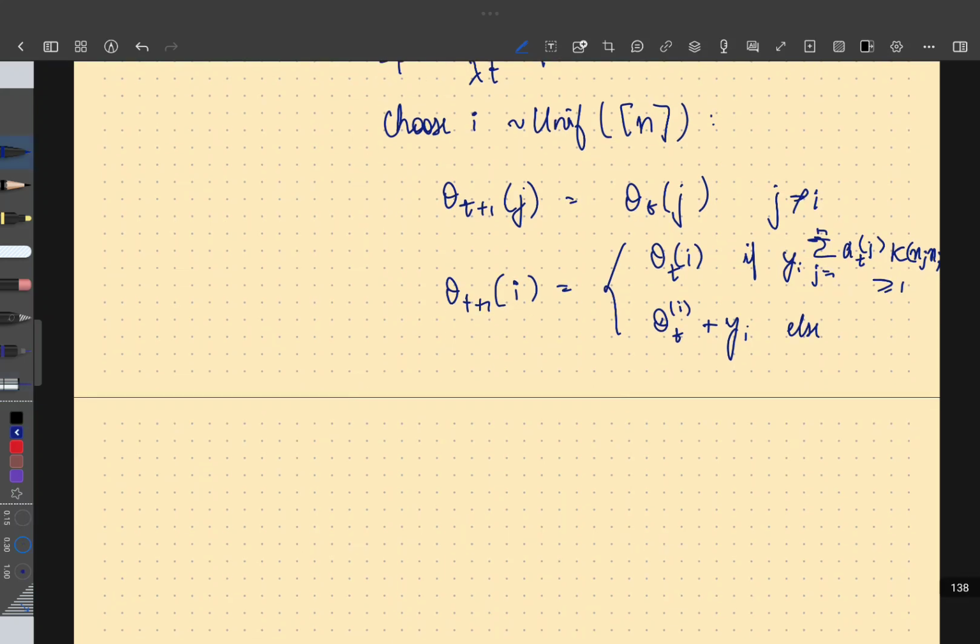All right, and the output, you basically output the vector a, let's say a tilde, which is 1 over T summation t equal to 1 to T of theta_t.